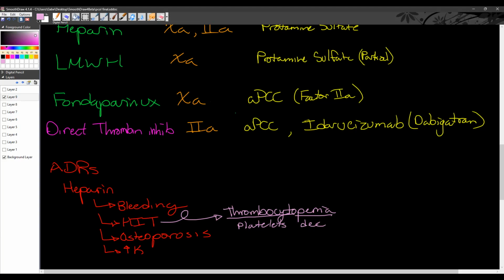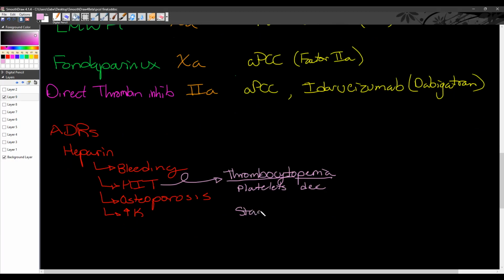Right. So what ends up happening here is that it comes in kind of two stages. The first stage is that you have a significant drop in platelets, and that's going to be for about 5 to 10 days.